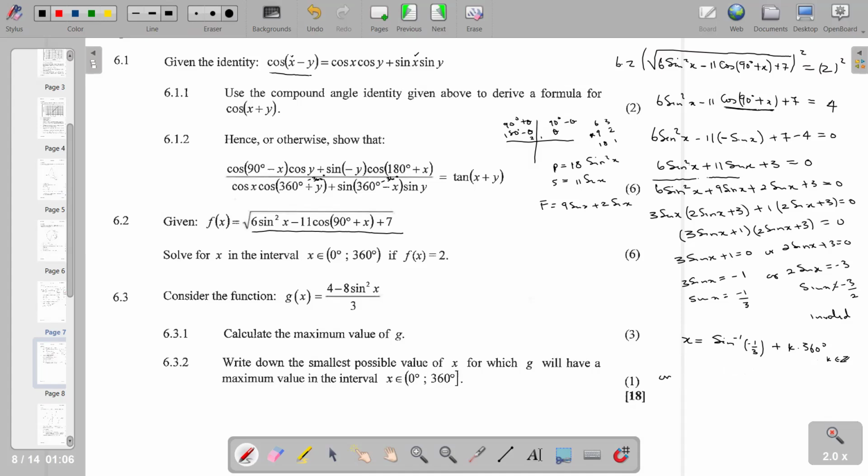Oh, my calculator is misbehaving. Let me check my calculator.